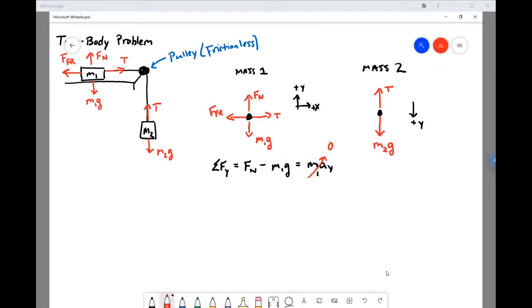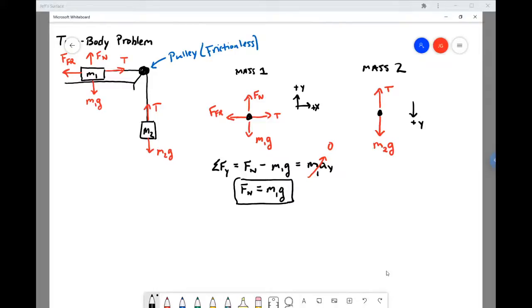It can slide horizontally, but it's not going to go up and down. So the normal force on mass 1 must equal its weight.